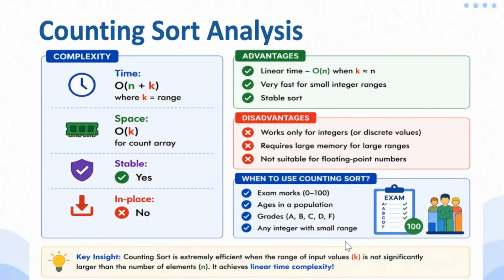So we can compare with n, right? And also we can have grades A, B, C, D, F, and assign integer values to map those grades, so we can have any integer with a small range. If you are sorting integer values and the difference between maximum and minimum is small, counting sort is the best choice.